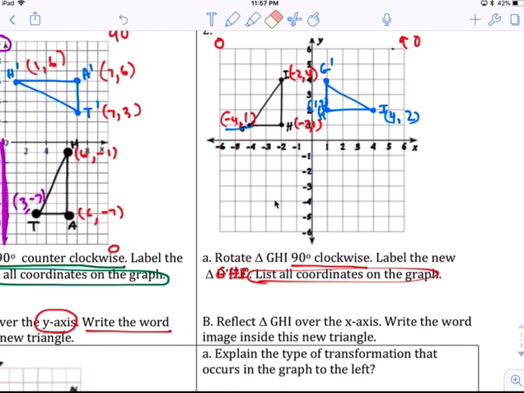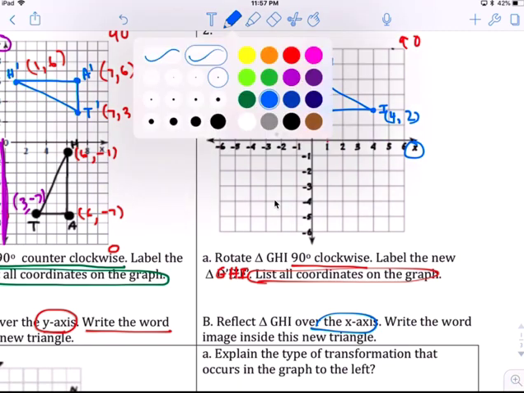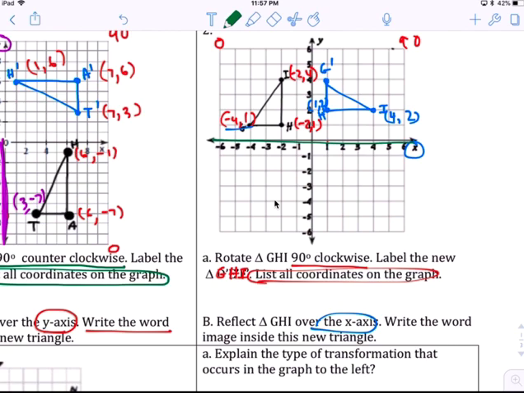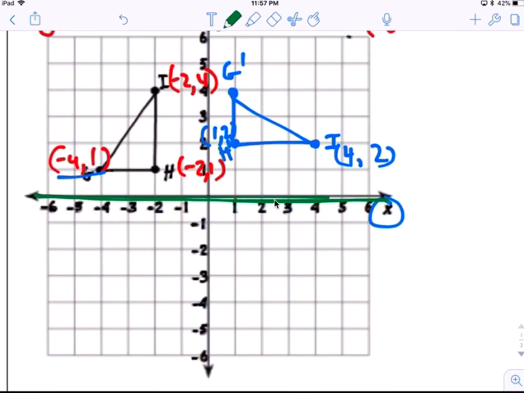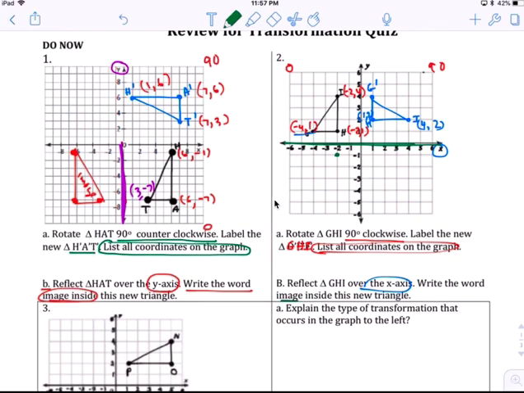Reflect GHI over the x-axis. Here's the x. So reflect over that line. I'll use another color. Reflect over the x-axis. GHI right here. H is 1 over, so you go 1 over, H right here. Does it say write the word image inside?